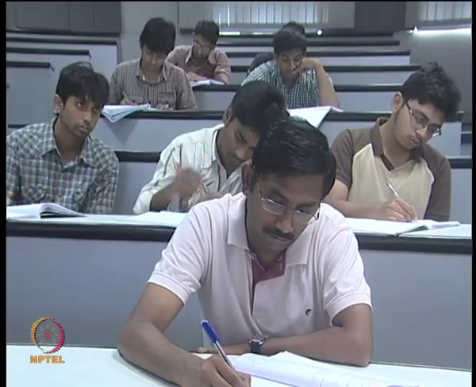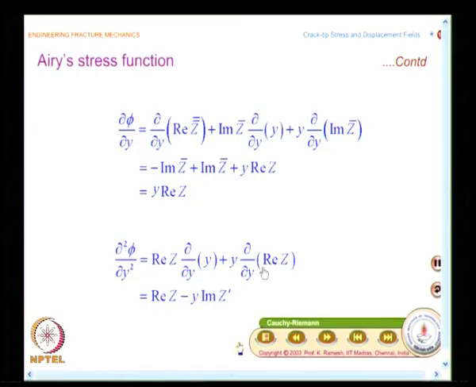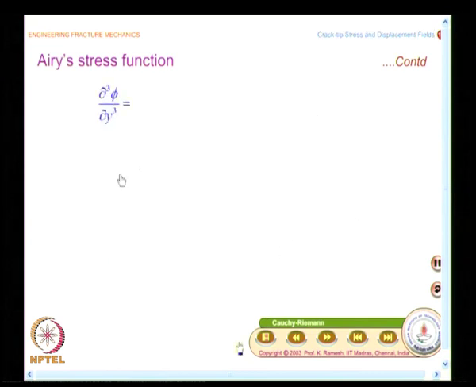So, try to involve yourself, solve it mentally and then agree with what is written in the slide. So, do not take the slide as 100% correct, it is deliberately done, so that you are alert in the class. So, now we have to find out dou q phi by dou y cube.